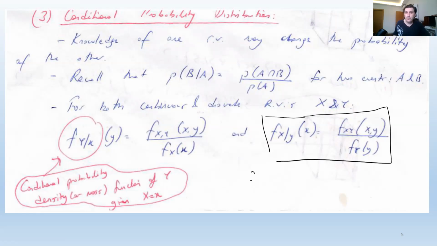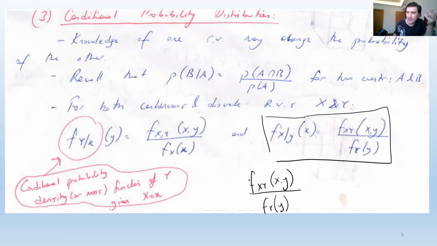Now, when it comes to the continuous case, this is the same formulation, but this is something new. Again, the very same formulation, but we are now using probability density functions: the joint probability density function of x and y divided by the marginal probability density function of y.